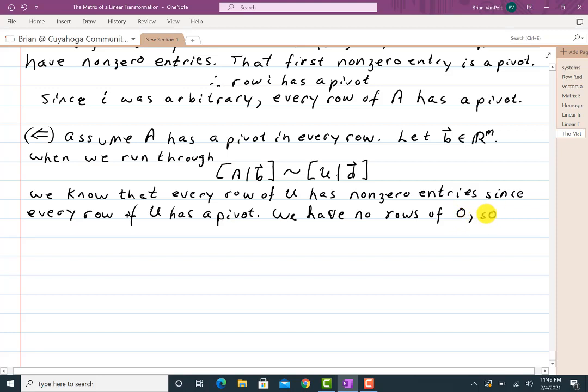So if that's the case, then we automatically know that this thing has a solution, which implies that B has a solution.